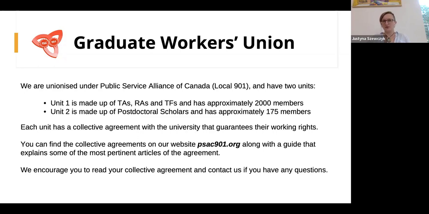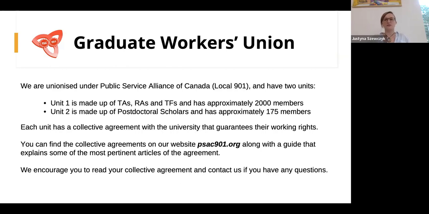And the collective agreement regulates pretty much anything that is related to our employment, working conditions, our rights and obligations, as well as the employer's, Queen's, rights and obligations towards us. The agreements can be found on our website. And I really encourage you to read. It might be a little bit long, but there is also another document with a shorter explanation of key points in our collective agreement.